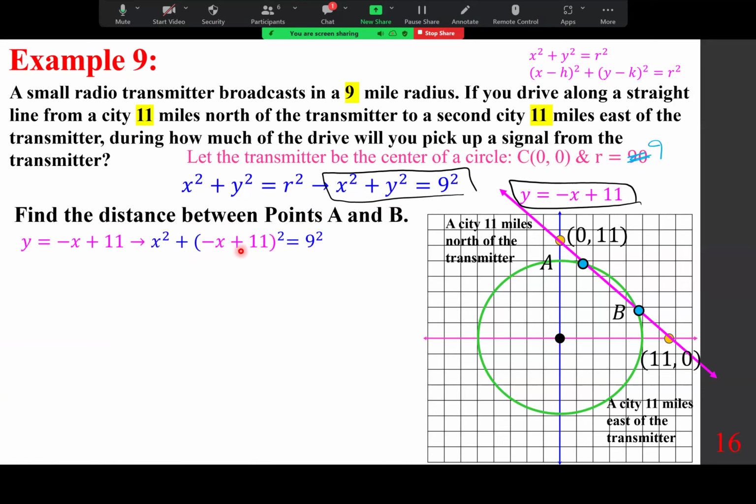This becomes x squared minus 22x plus 121. This one and this one add up to 2x squared. And 9 squared is 81. You are going to take it to the other side, subtract it from 121.